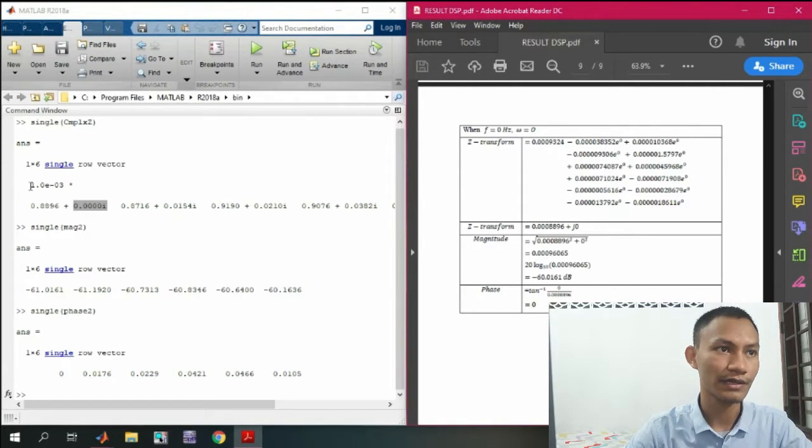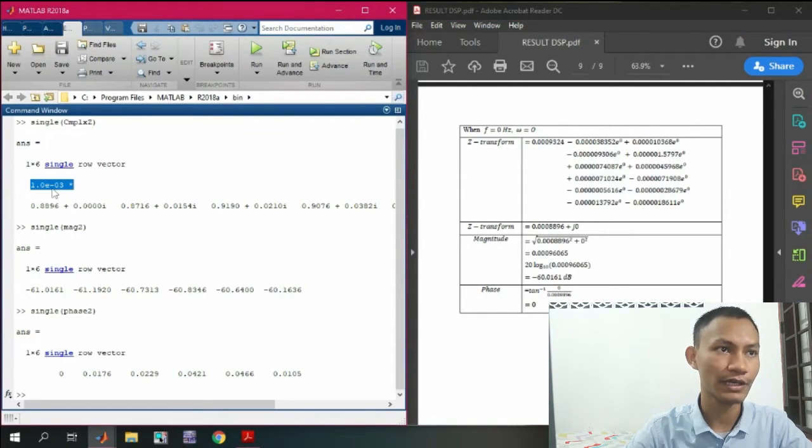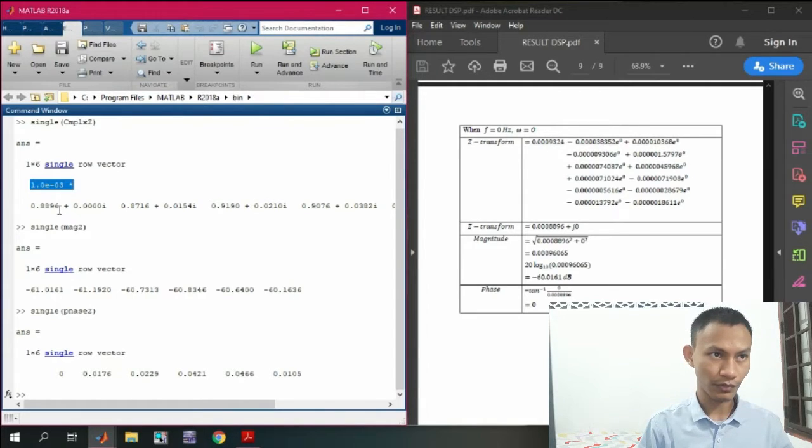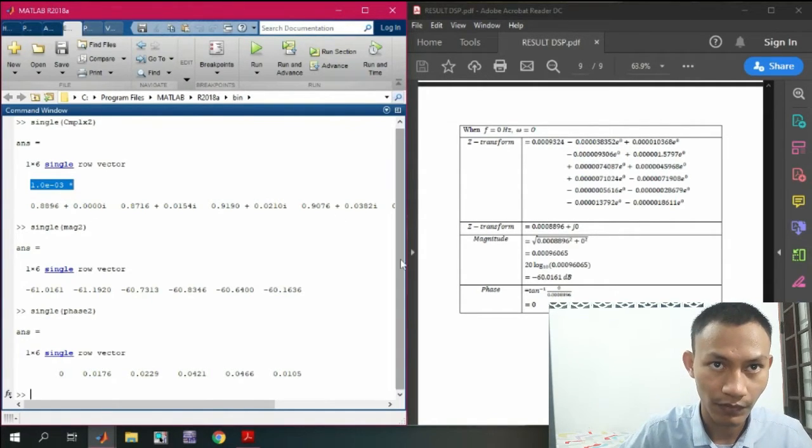This is because we can see here 1 times exponent -3 means 10 times power -3. So when you use the calculator, 0.8896 times 10 power of -3, we can get 0.008896. So I prove here the result is the same as the simulation.